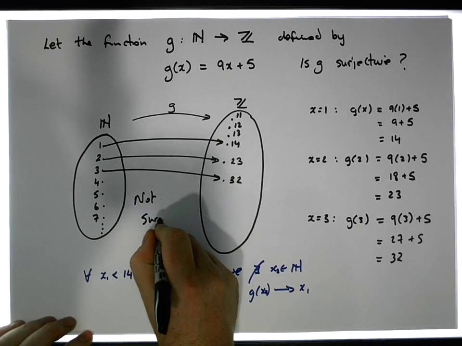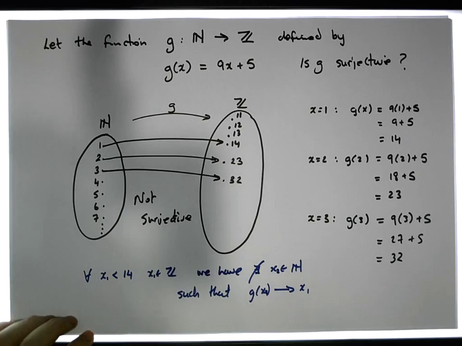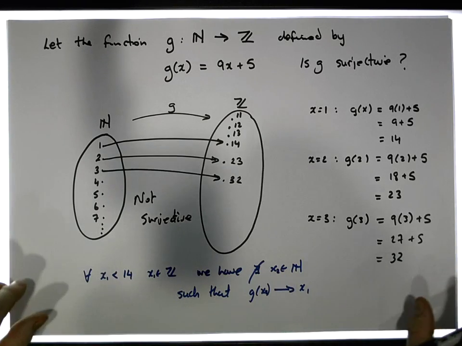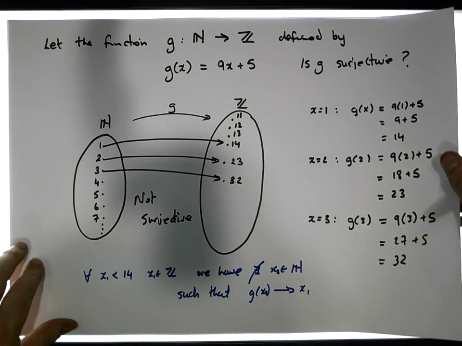One way to think about surjective functions is by looking at the image that's associated with your particular function. Don't forget the image is the same as the range.